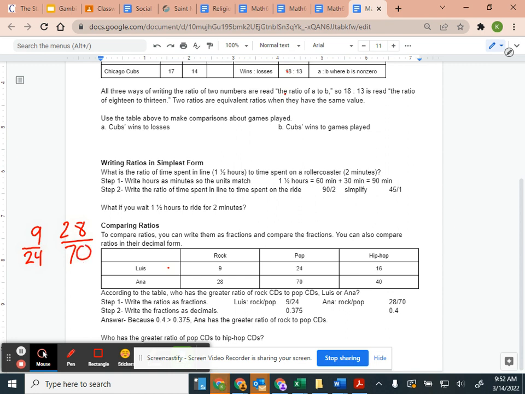We would want to compare who had the higher ratio of rock to pop. How do we want to compare those? What do we need to do? Landon? We have to divide. 9 divided by 24, 28 divided by 70, and find out which one is the higher number. They have the higher ratio. So remember when we're comparing, we're turning them into those fractions. That fraction bar means we're going to divide.